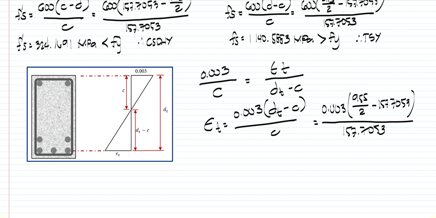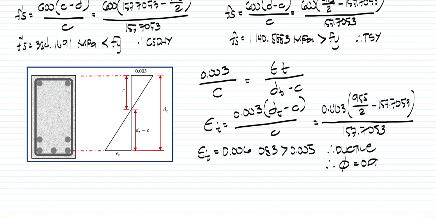So, our epsilon sub T now will just be equal to a value 0.006083. So, this is greater than 0.005. So, our beam is ductile and still, our reduction factor will be 0.9. So, hindi natin kailangan yung equation for the reduction factor. So, pwede tayong rumekta na that is 0.9.